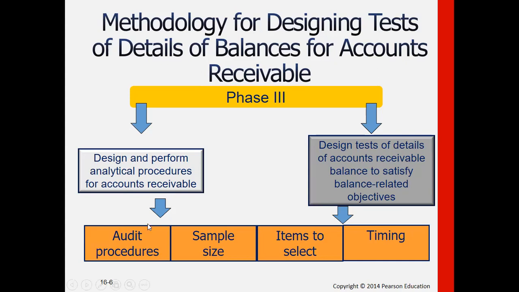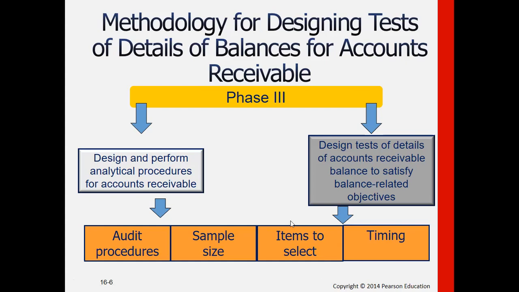Overall, these will go into the audit procedures that we are going to do with respect to management assertions like existence, occurrence, etc., the sample size, items to select, and then timing. And sampling, of course, because we cannot examine 100% of the population. Otherwise, we will not be able to finish the audit and it will be very costly.